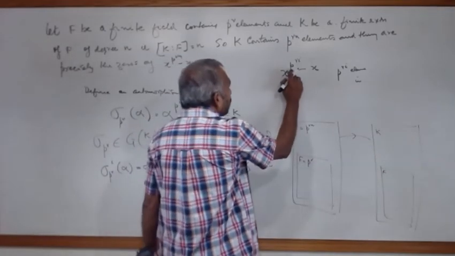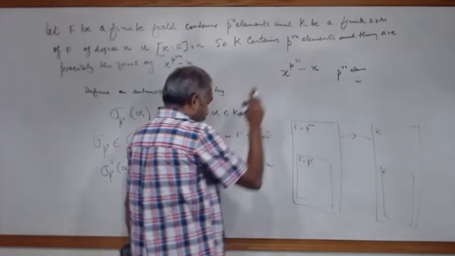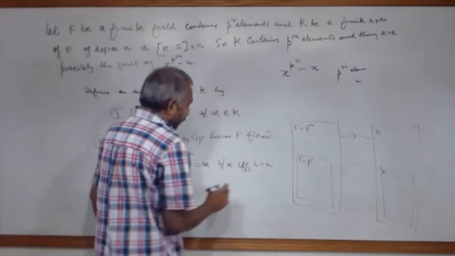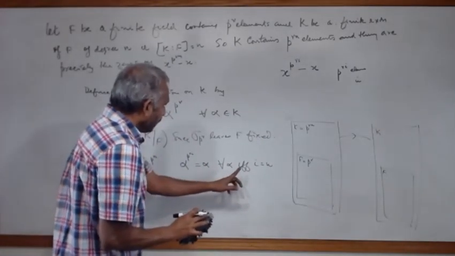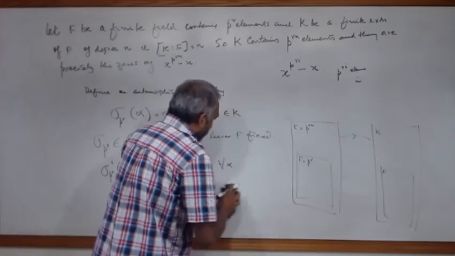So this contains only p to the power of r i elements.